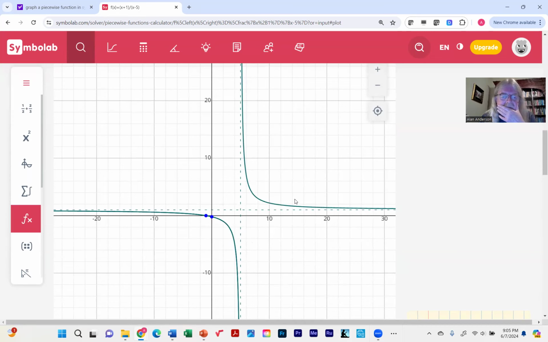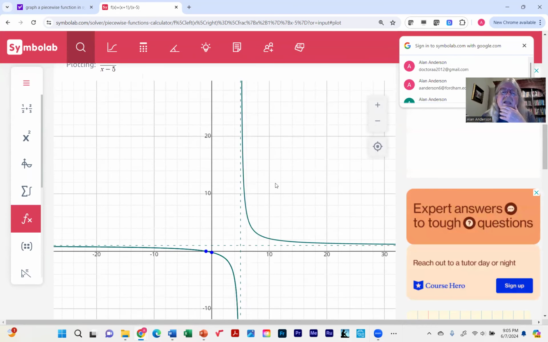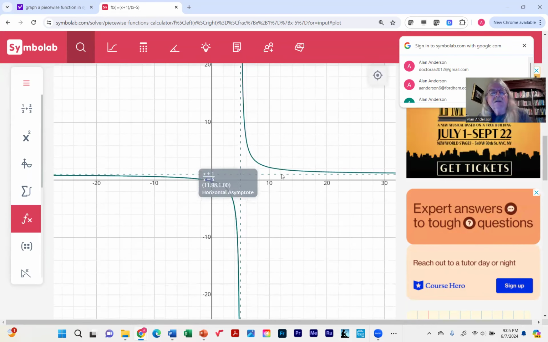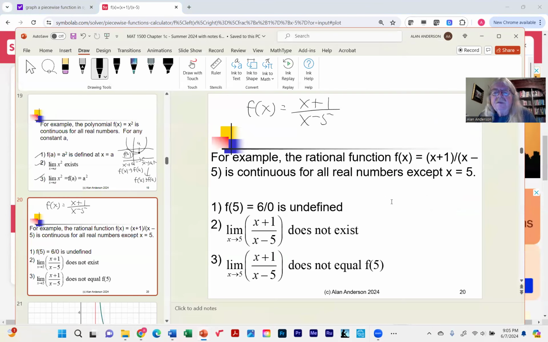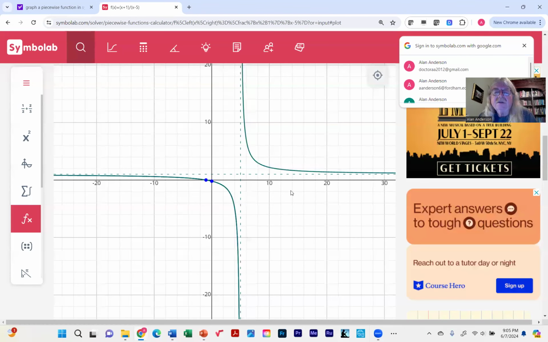And where's the hole? Oh, it's not a hole, it's an asymptote. So that means if you look at it carefully, it's continuous except at five itself.